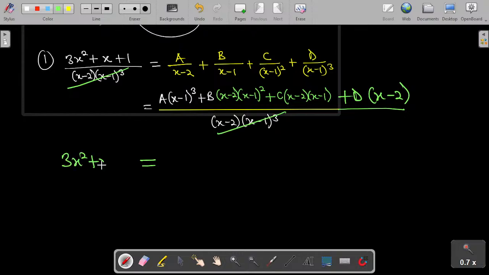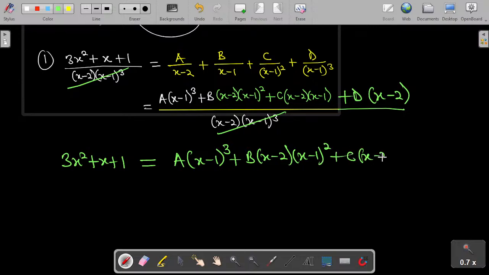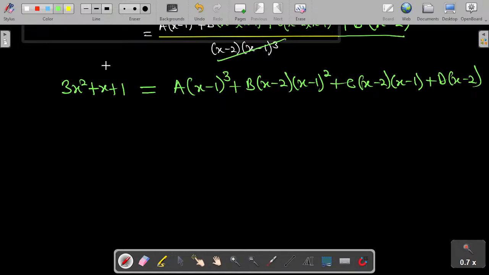So you have x squared plus x plus 1 is equal to, you bring down the whole of this, which is a into x minus 1 raised to power 3 plus b into x minus 2 into x minus 1 raised to power 2 plus c into x minus 2 times x minus 1, then finally d into x minus 2. This is what we have to solve to get our a, b, c.